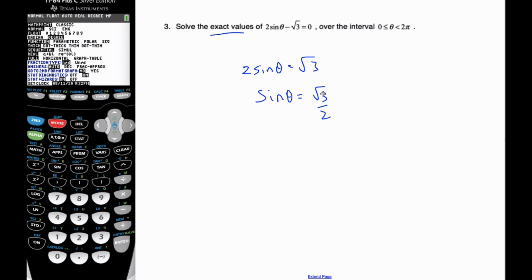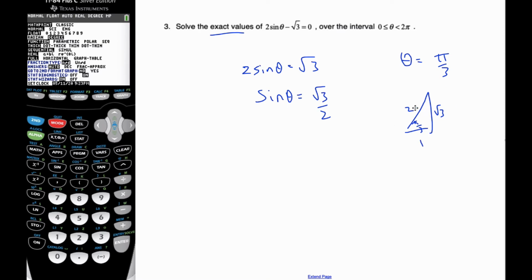You can go, oh, I recognize root 3 over 2 from my table, and if you think really carefully, you know that theta will be pi by 3. If you go back to your table, or you look at your triangle, this is pi by 3, this is root 3, 2, and 1.